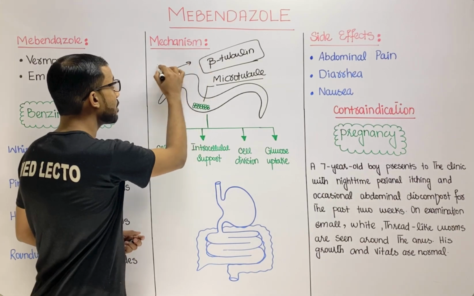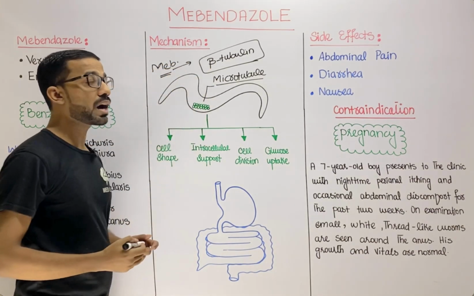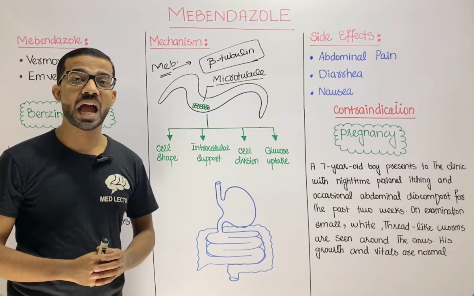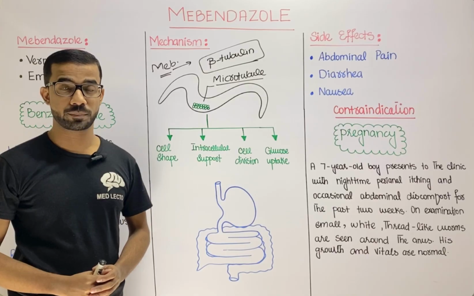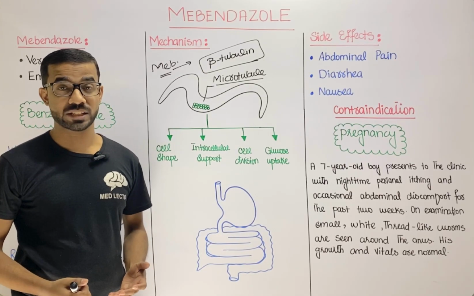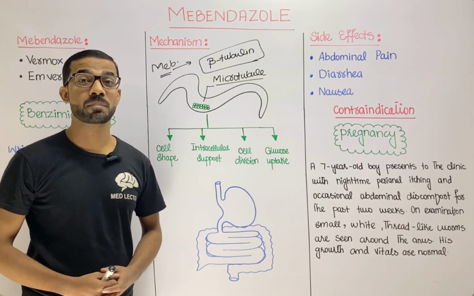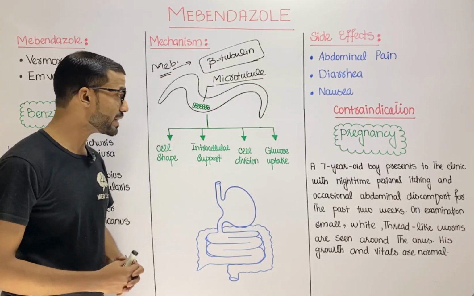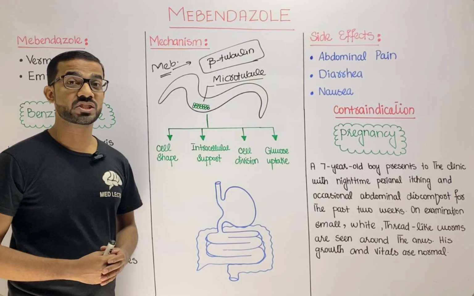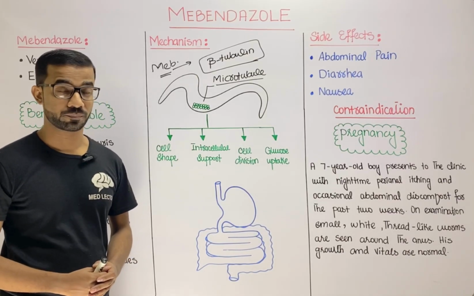When mebendazole binds to the beta subunit of the microtubules, it inhibits the formation of the microtubules. And what will you see when microtubule polymerization is inhibited by this drug? First, the cell shape will be disturbed. That is the first most important thing.